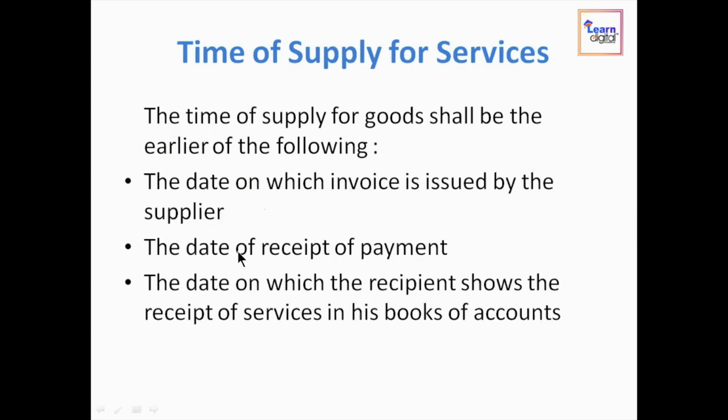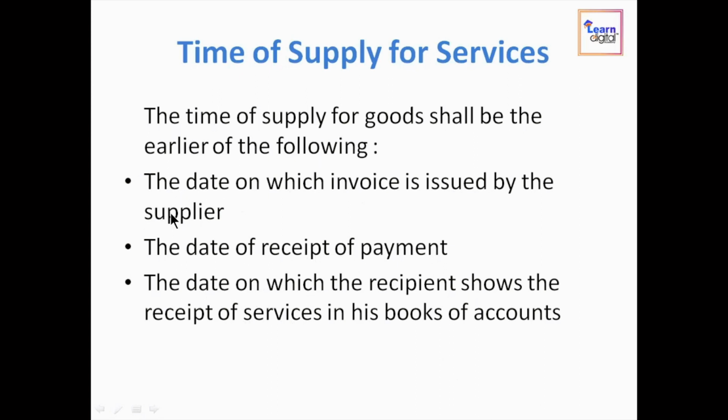Again, time of supply for the services. The time of supply for services shall be the earlier of the following. Sorry, earlier I said goods, here it has to be services. The date on which the invoice is issued by the supplier, or the date of receipt of the payment if advance is received. And the third date, the date on which the recipient shows the receipt of services in his books of account. There are three dates, and whichever comes earliest is known as the time of supply for services.